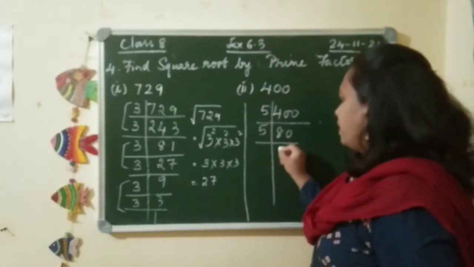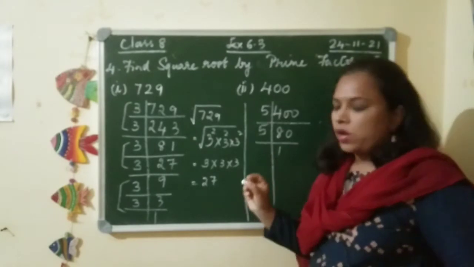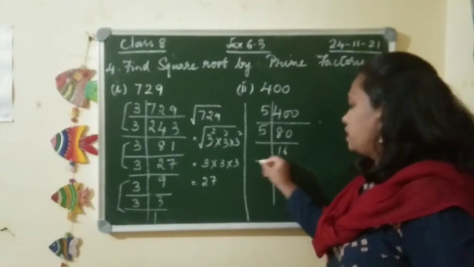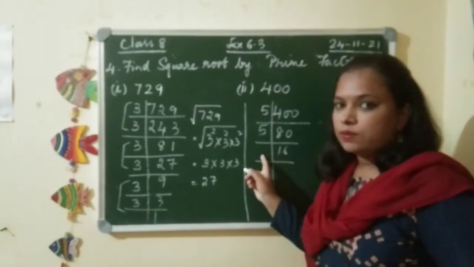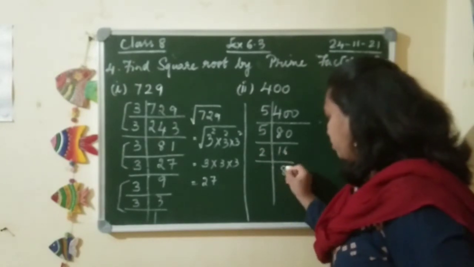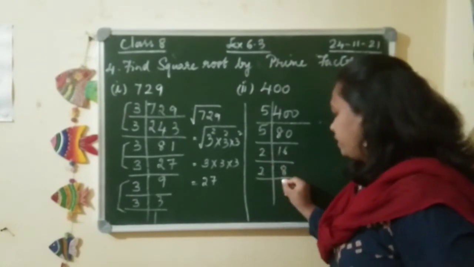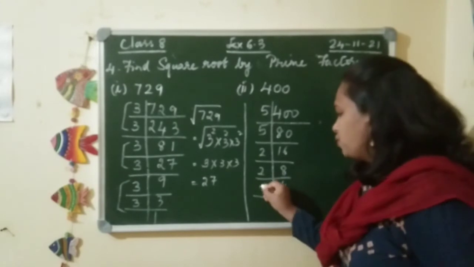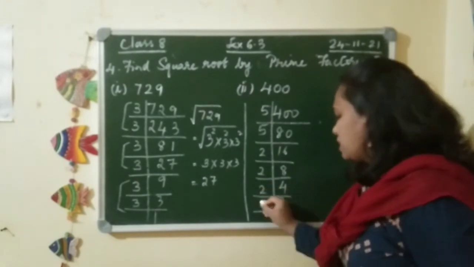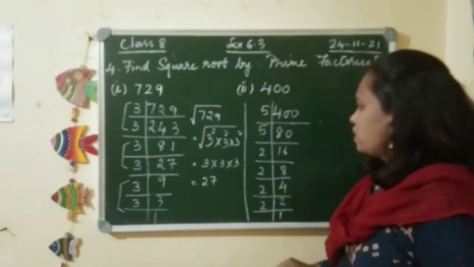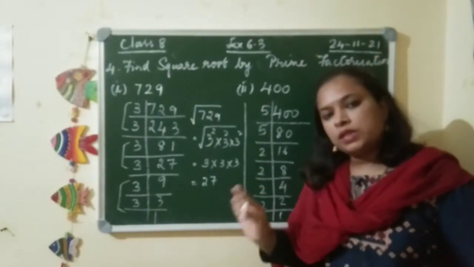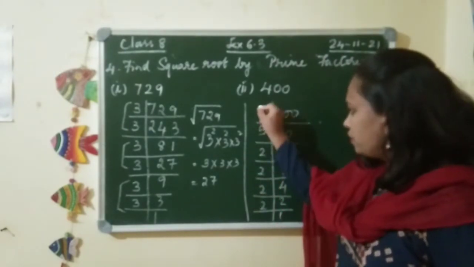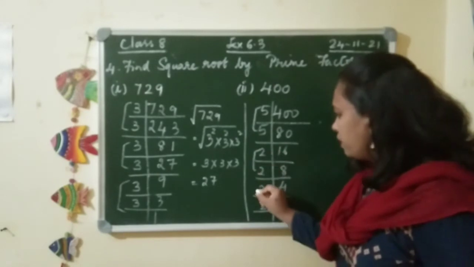Next, 5 1s are 5 and 3 0, so 16 here. Now it is divisible by 2, so 2 into 8. Next 2 into 4. Next 2 into 2. Last is 2 into 1. So now this step is done. Once this step is done, you have to do the pairing. So do the pairing here.